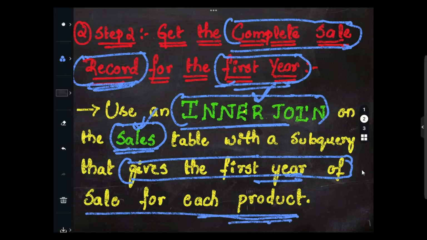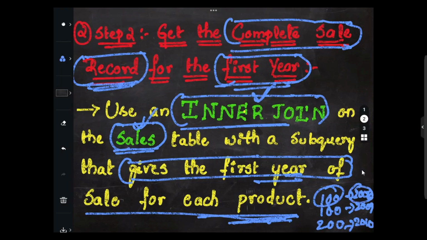We need to find the first year of sale for each product. For every product we need to find, right? In the example we had 100, 100 and 200, right? So this was the first year sale. This was for 2008. This was for 2009. I forgot for this one 200. Let's consider 2010 or 2012, something.